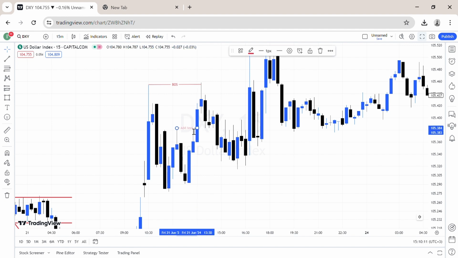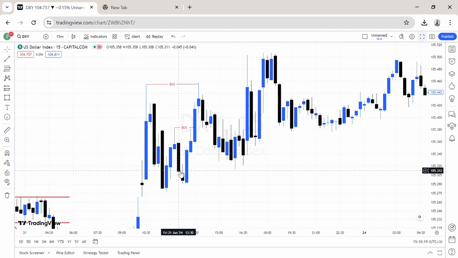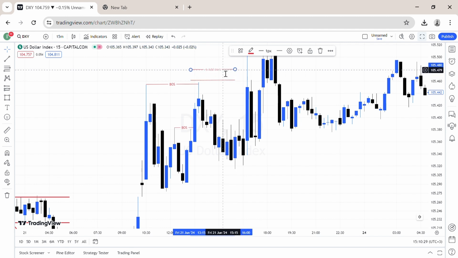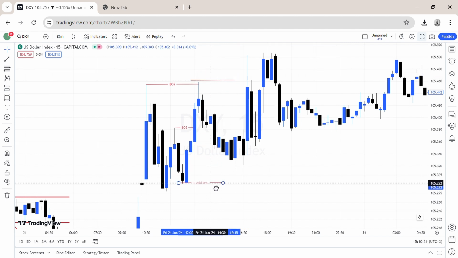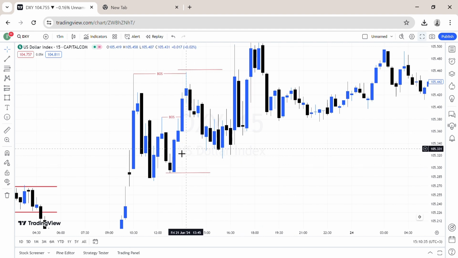Okay, so this is another break of structure for me, and if I have to trade upwards continuously, I would expect, between this swing high and this swing low right here, the price to come back to the discount of that swing.